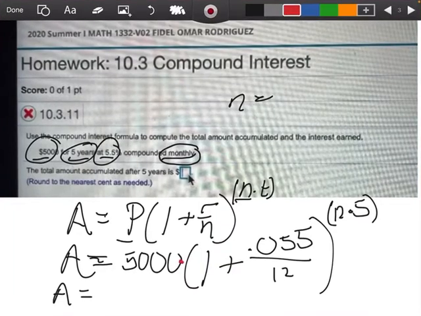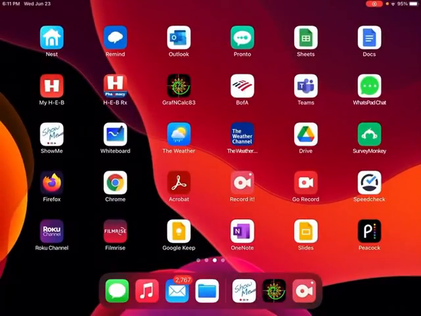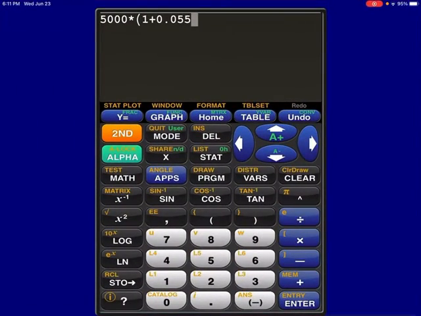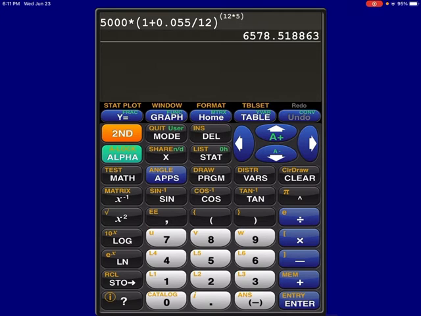Let me double check, I forgot. 55, yes. Okay, so 0.055 divided by 12, close off my parentheses, raised to the power 12 times 5, because it was 5 years, right? Oops, not 2, but 5. There we go. Close that off. Okay, and I'm going to go ahead and hit enter.